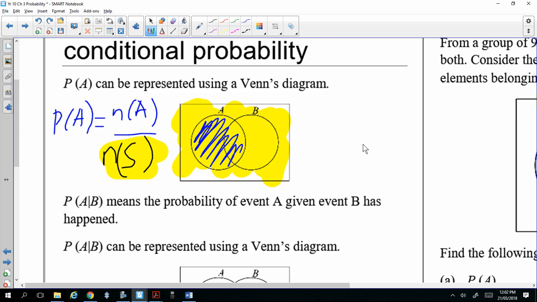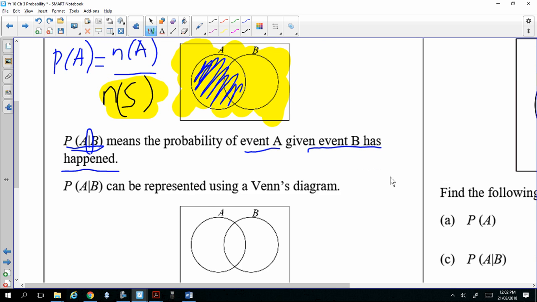And then we have to look at conditional probability, and that's the symbol for conditional probability. If you see a vertical line there, it means the probability of event A given B has happened. So what does that mean?